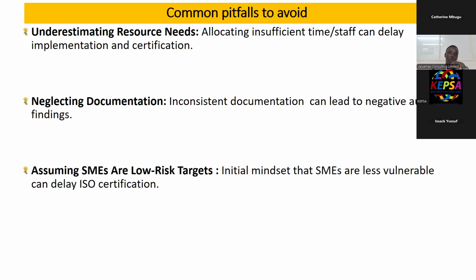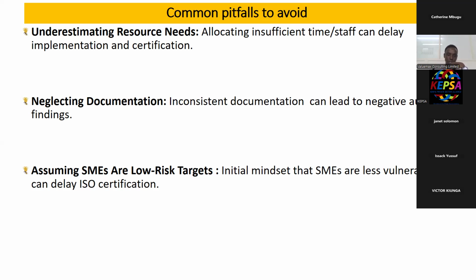If it's time for documenting standard operating procedures, you have to make time for us to do this for you. Because if you don't, it can delay implementation and certification. There are some companies which take even 2 years to implement and certify because there's a delay from their side.